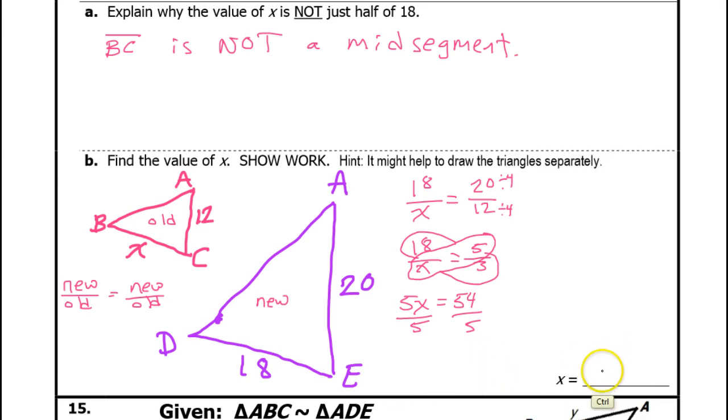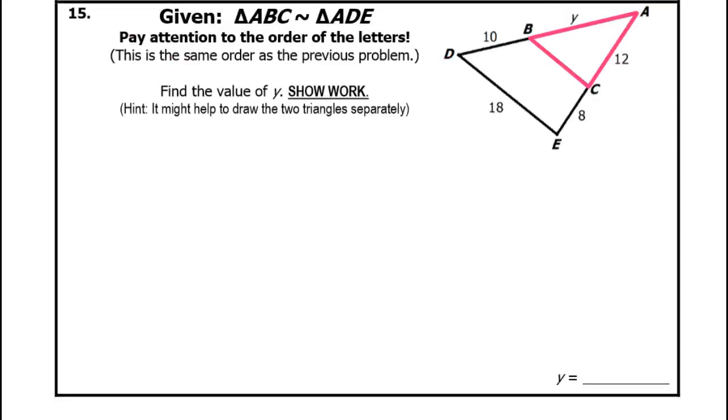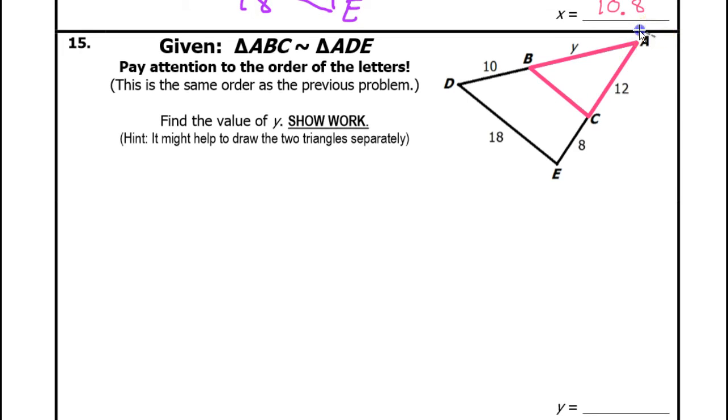So that is 10.8. Alright, number 15 is very similar, and we have a small triangle that I've highlighted here in red.